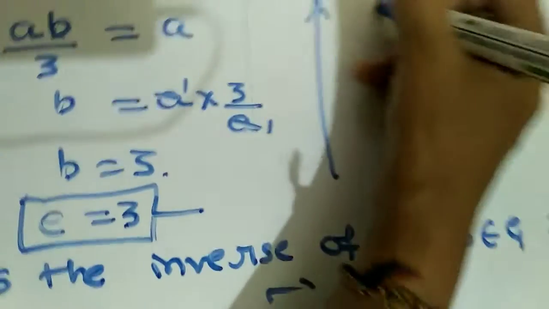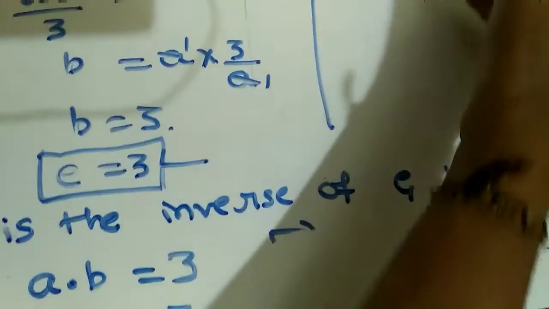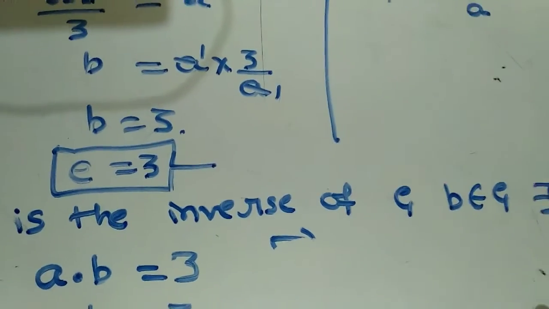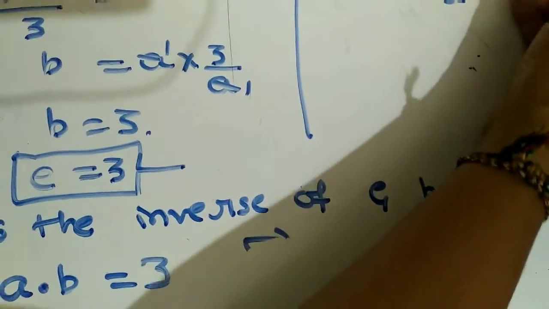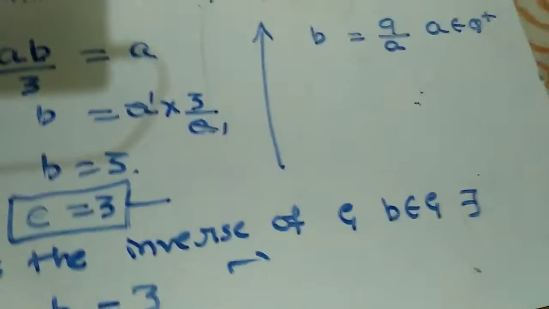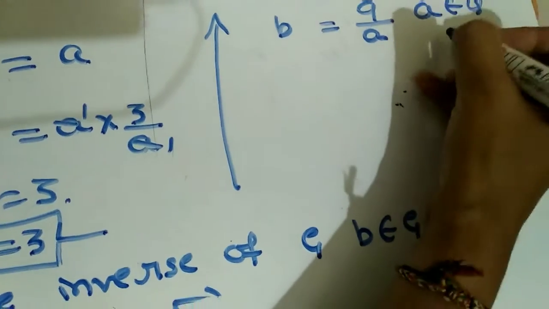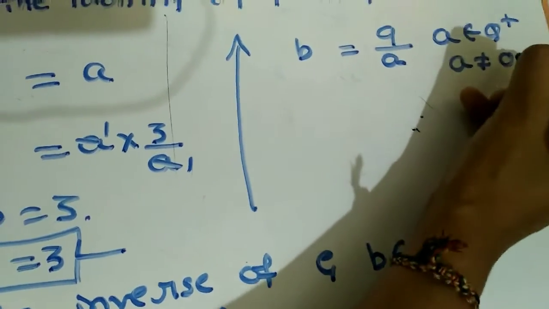So just solve for B. B is equal to 3 3 is 9, and A goes here. Here A belongs to positive rational numbers, as well as A is not equal to 0.